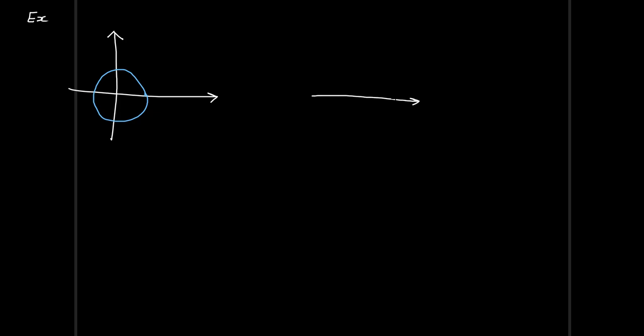Let's consider the following example. Let's assume that we have systems in the z domain, and let's plot the unit circle.